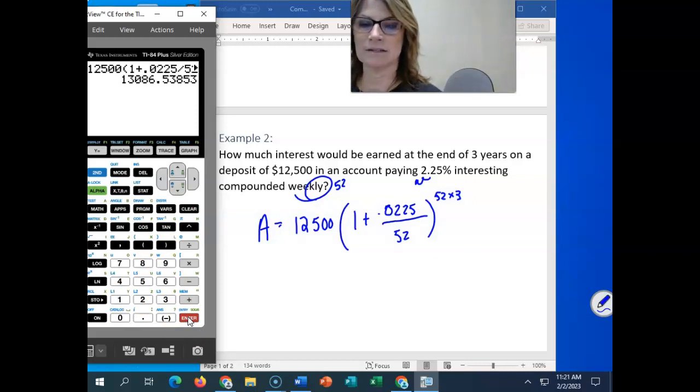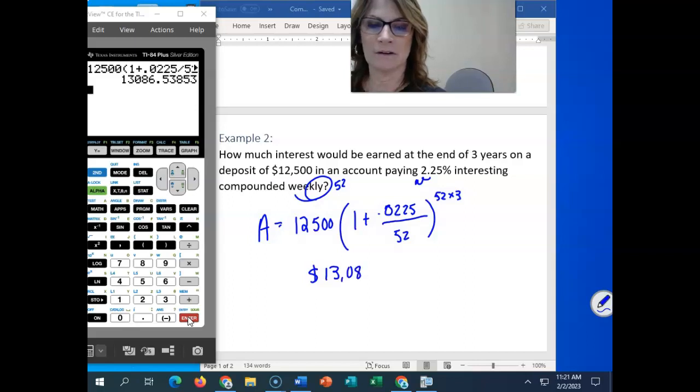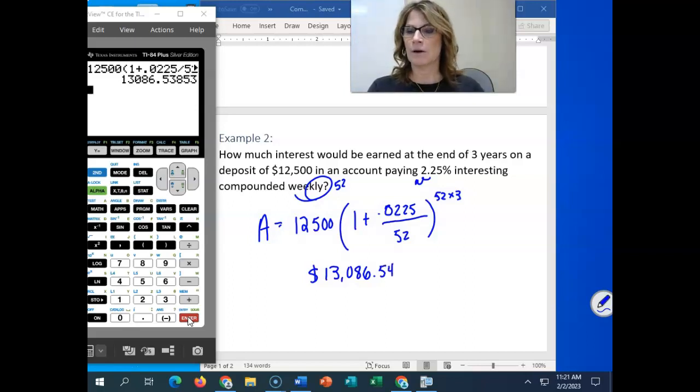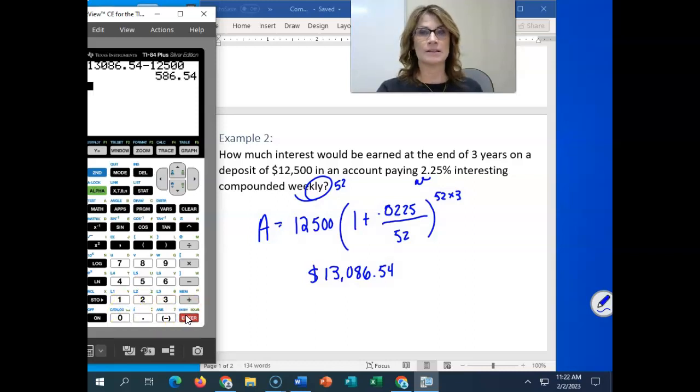So that gives us $13,086.54. So if you wanted to know how much you made, 13,086.54, and then we can subtract the 12,500. So you earned $586.54 interest.